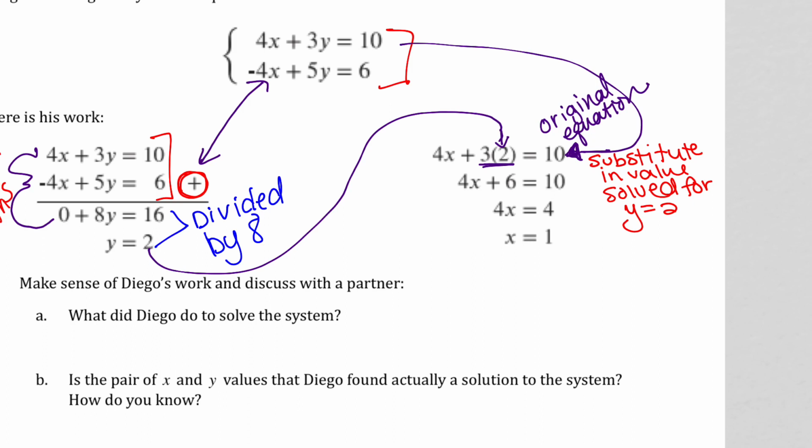Then he solved from here to here. He multiplied the 3 and the 2. So that's where the 6 came from. Then what did he do from, let's change to a green, what did he do from here to here?